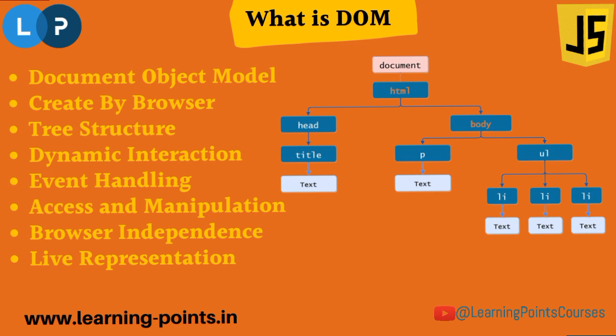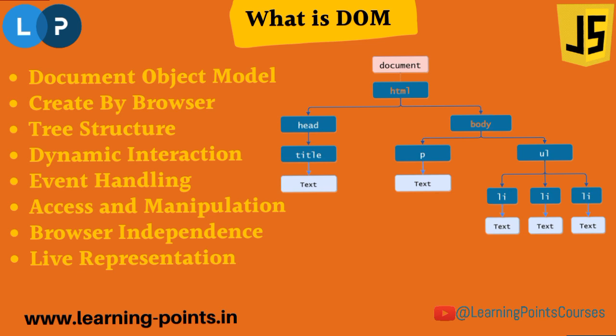The DOM forms a hierarchical tree structure where each object corresponds to a node in the tree. You can see in the image the relationship between the elements: the HTML is the parent, and inside the HTML you have a head and body, which are children of the parent.